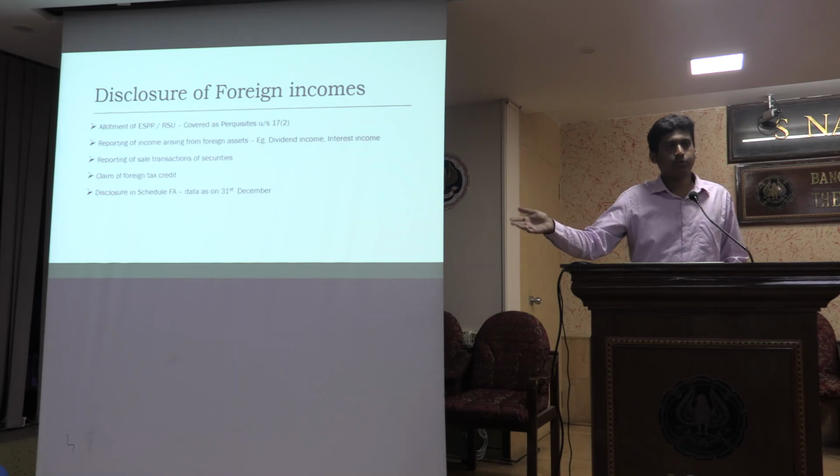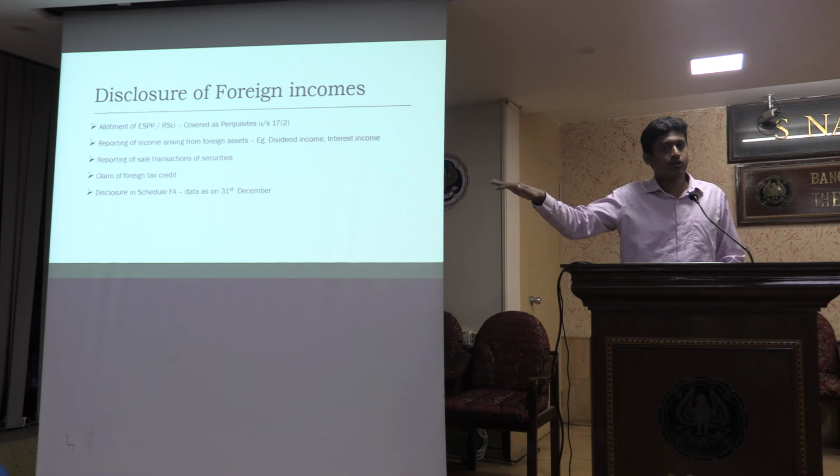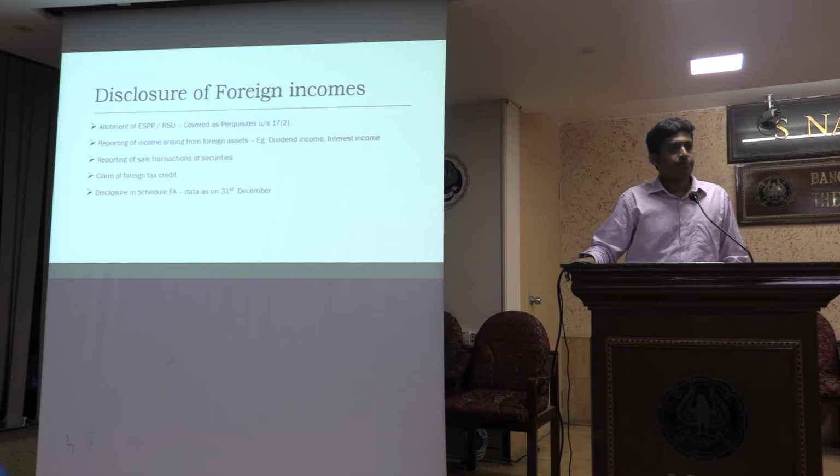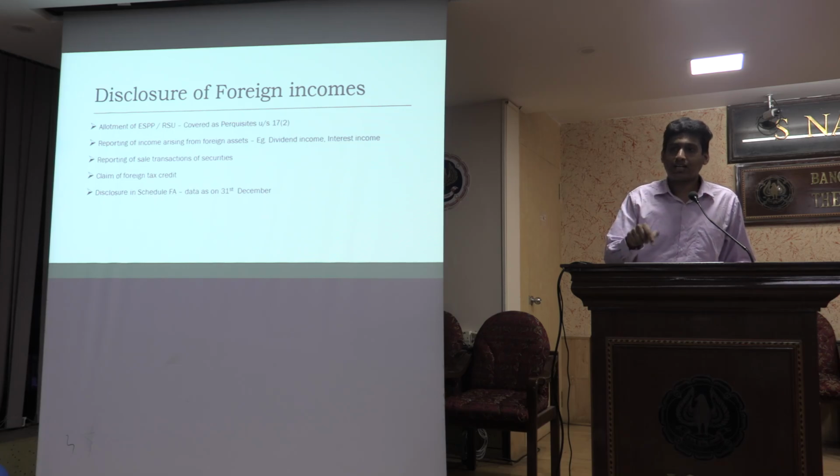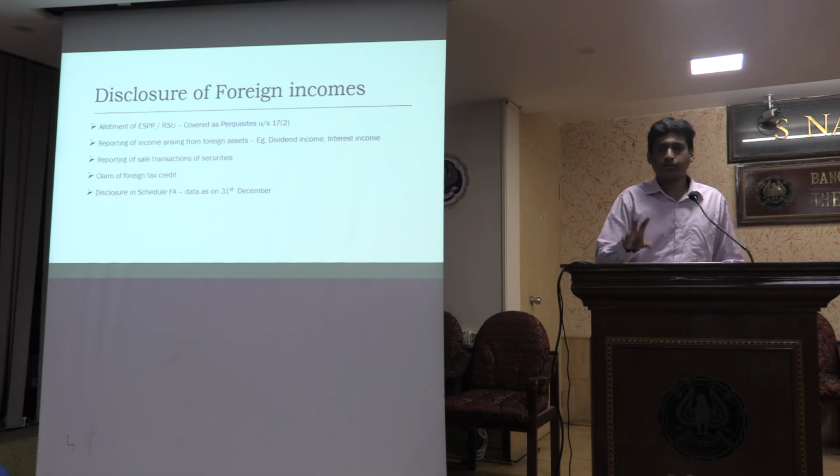I also have to report the peak value and the value as on December 31st. But say, for example, I get a dividend income in January 2023, which I have reported in my previous year's return, and the assessee produces the tax statement now, because in the US the tax statement is generated per calendar year, which is January to December 2023.